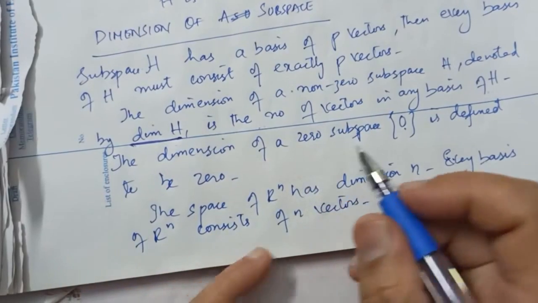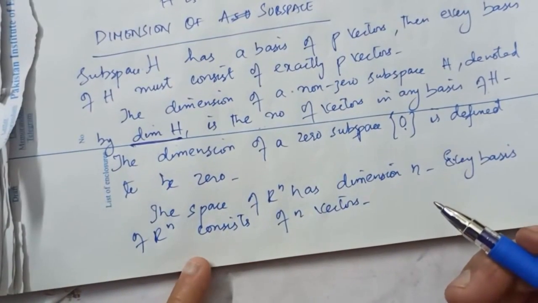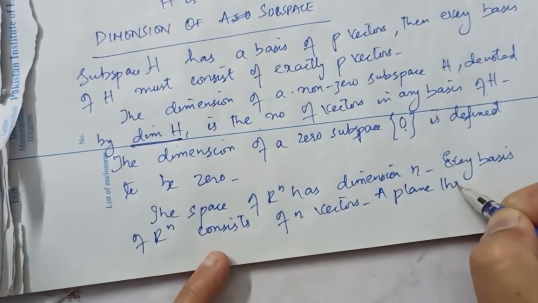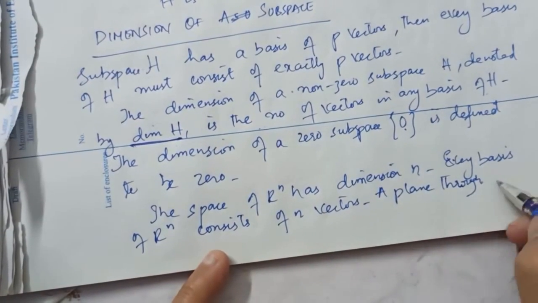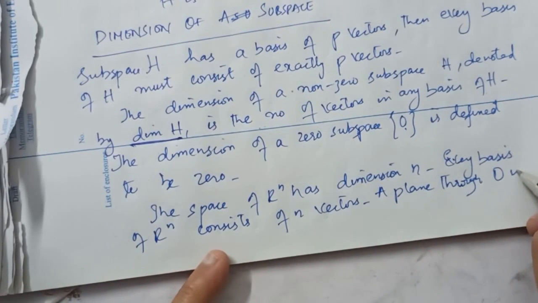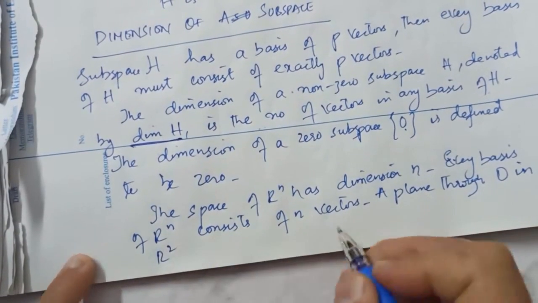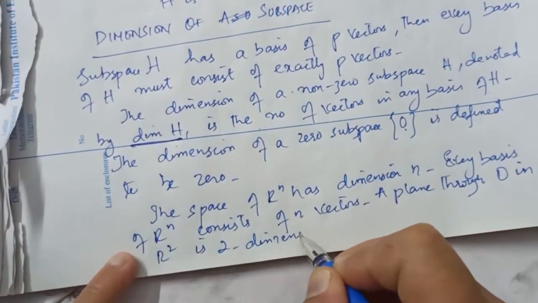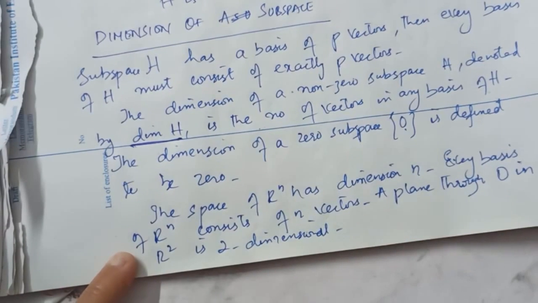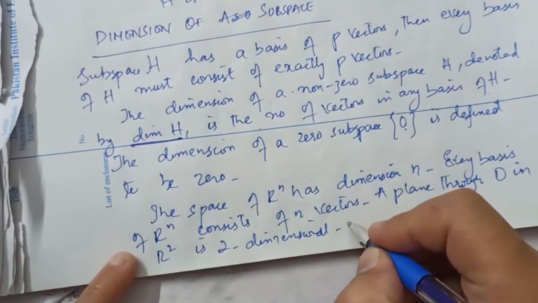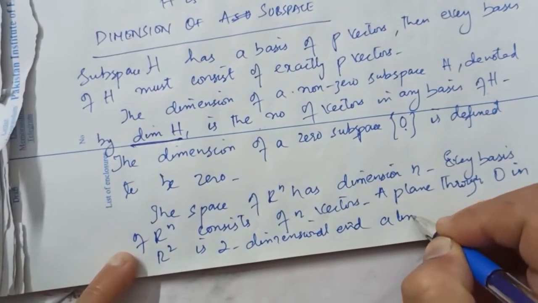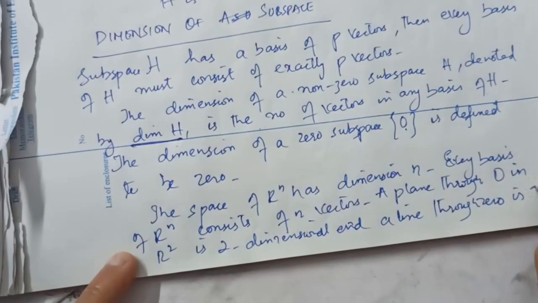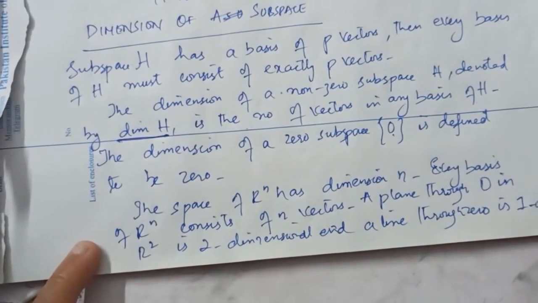In this case, a plane through 0 in R square is two-dimensional, and a line through 0 is one-dimensional, right?